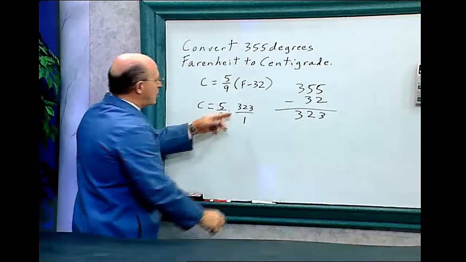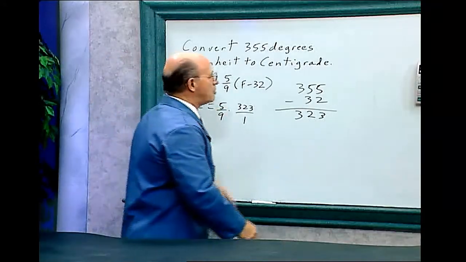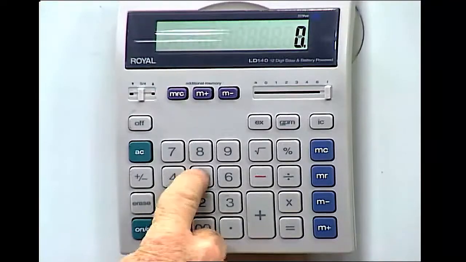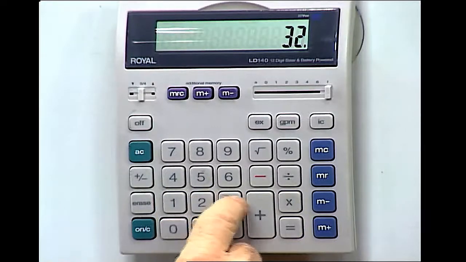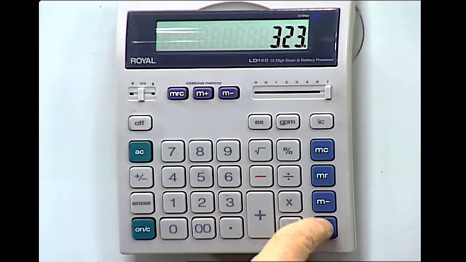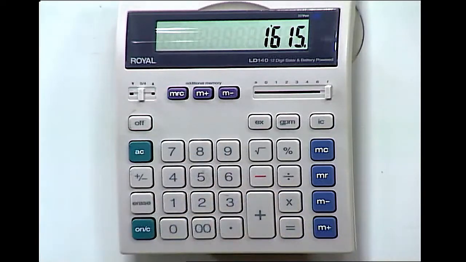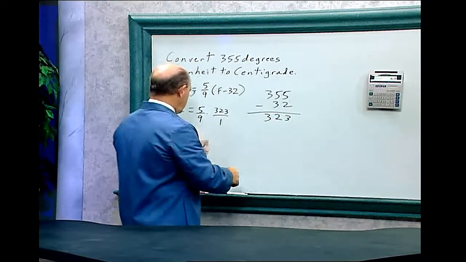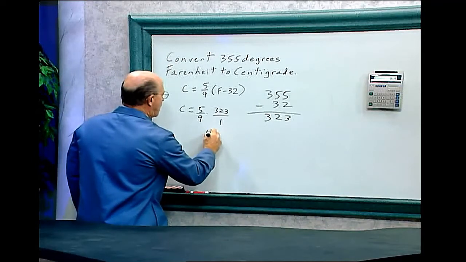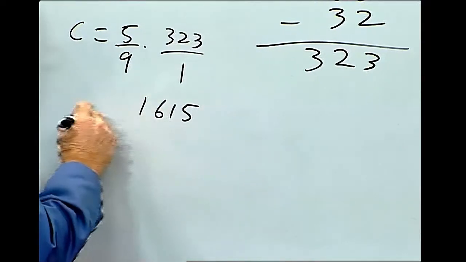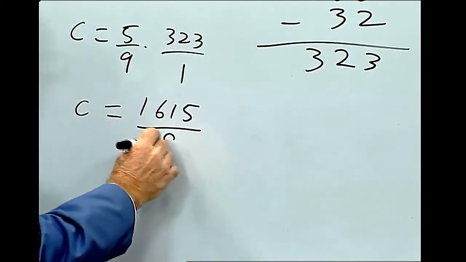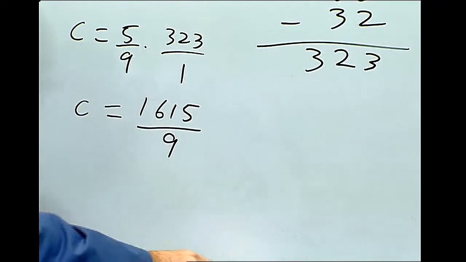And 9 will not go into 323, so we'll multiply 5 times 323, and that will equal 1,615 over 9.